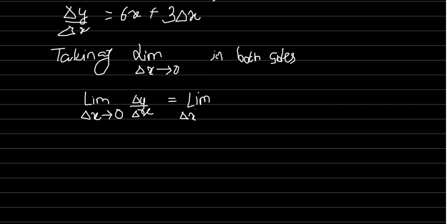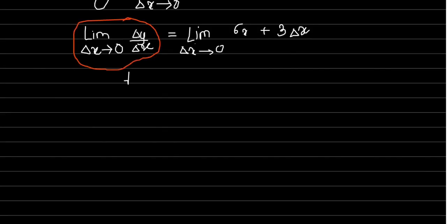Please remember, limit delta x tends to 0 of delta y over delta x transforms into dy over dx. Putting the limit, we get 6x, hence the derivative is 6x.